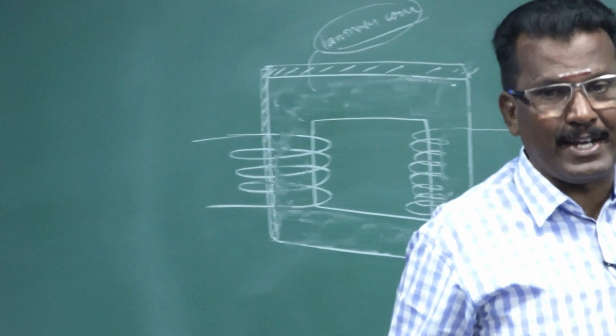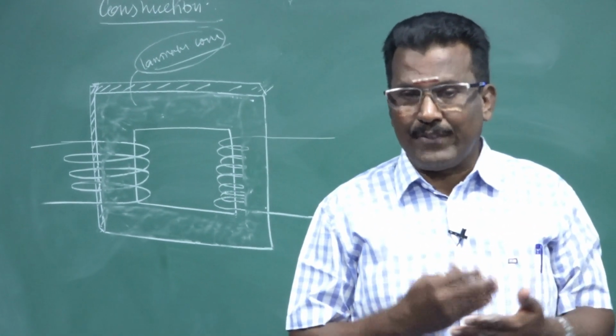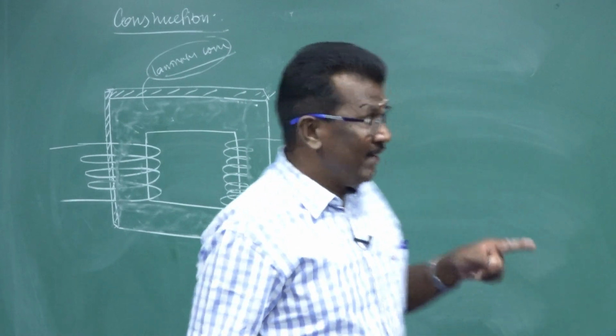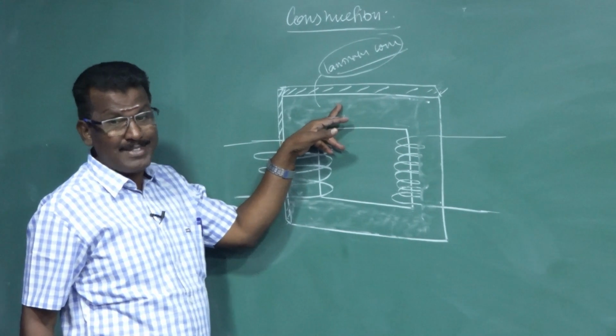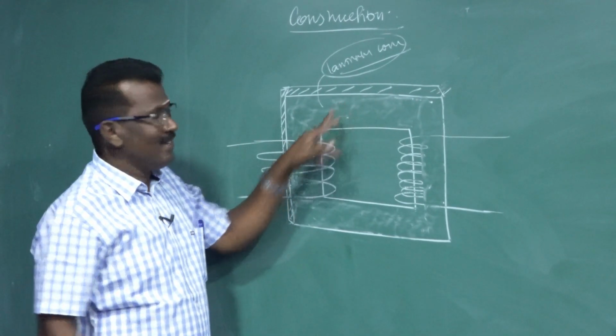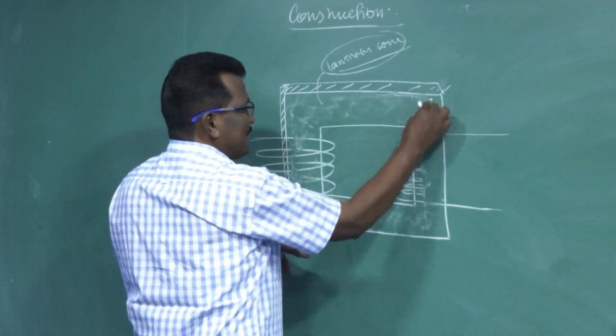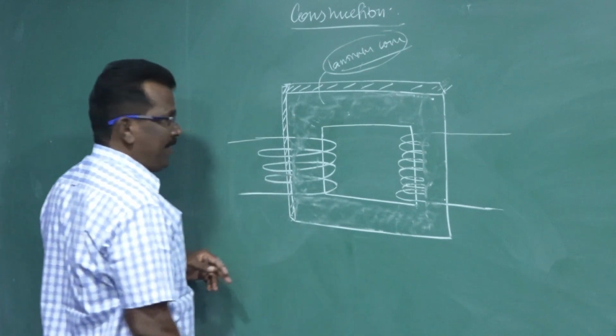To reduce eddy current, because due to eddy current there may be a loss of energy. To reduce the loss, we laminate the core of the transformer with a suitable material like silicon steel or some other magnetic material like mu metals. It is completely laminated.